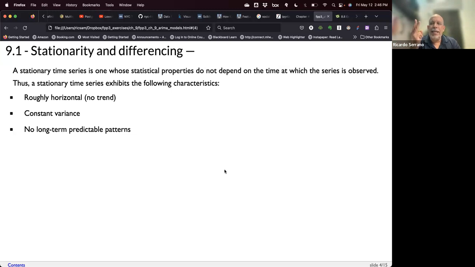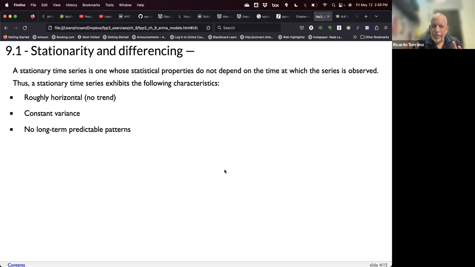is that there are no long-term predictable patterns. And that is related to seasonality. If we have a seasonality feature in a time series, it's not going to be stationary, of course, because if the seasonality is repeated in the same periods, that means that the time series is non-stationary.